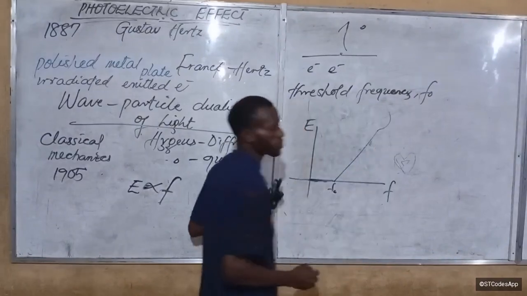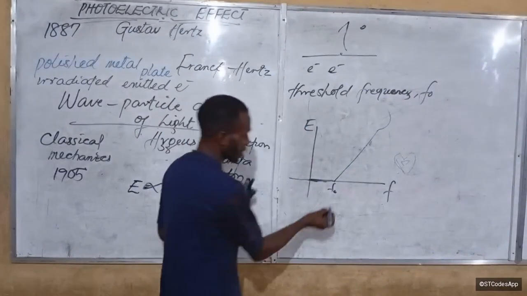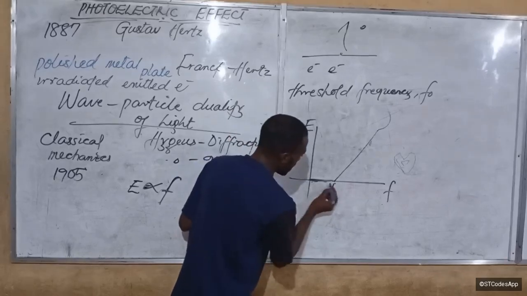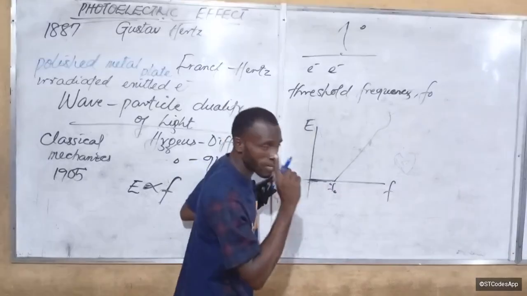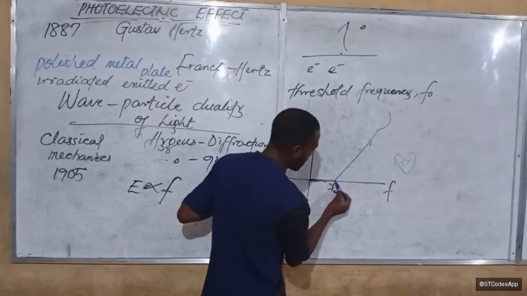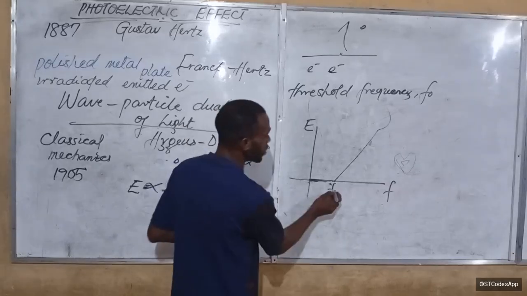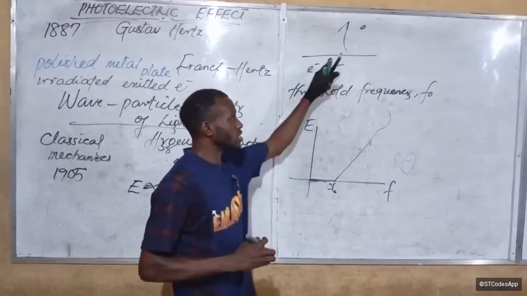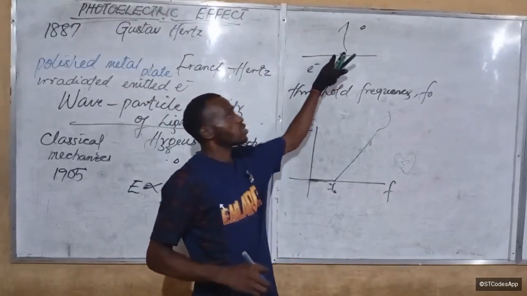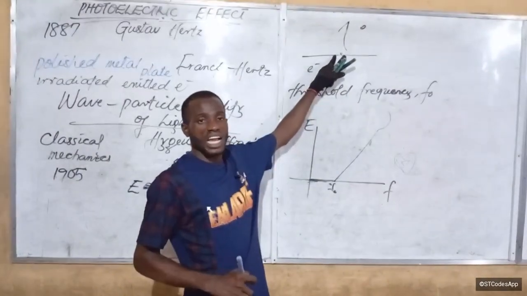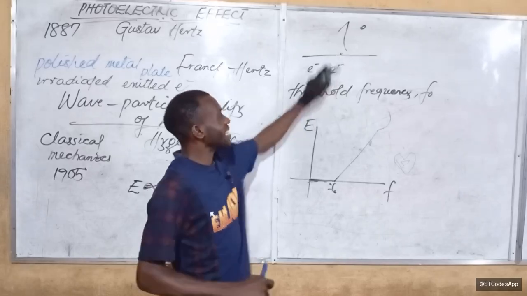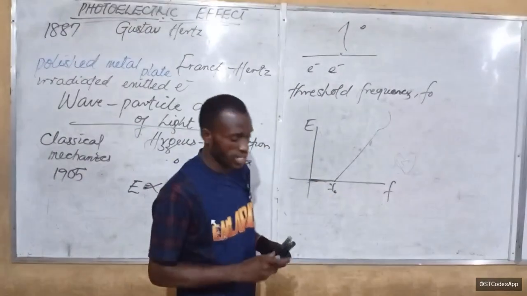There's ejection of electrons. Okay, so now at this point here, there is no ejection of electrons. So you see that it is at this point that there is ejection of electrons. So this minimum frequency that those electrons needed to just come out of the surface of this metal plate is the threshold frequency.